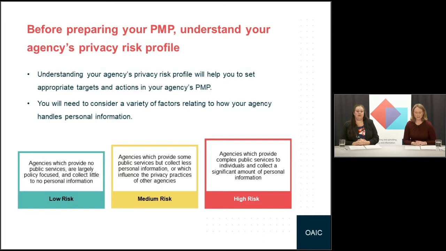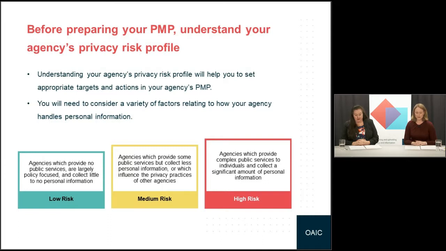This includes your agency's functions and activities, the nature and volume of the personal information it holds, the nature of the agency, including its size and resources, as well as the sensitivity of the information you collect. Not all agencies will face the same privacy risks, and so the targets and actions that are appropriate for one agency might not be the same for another.